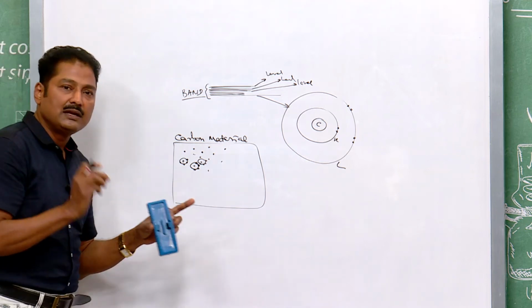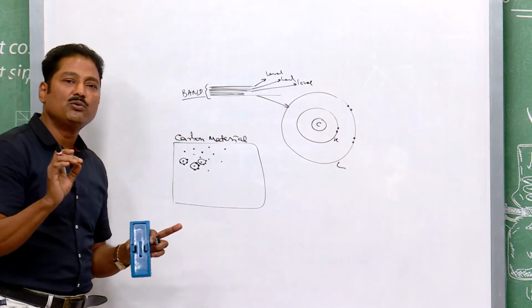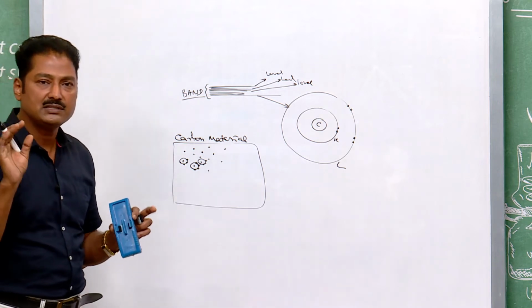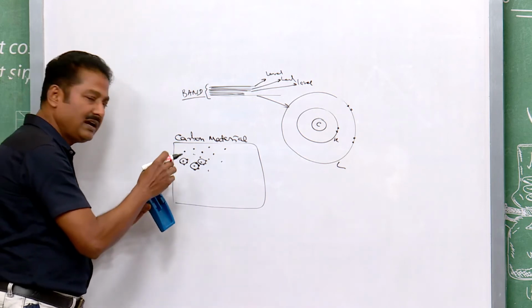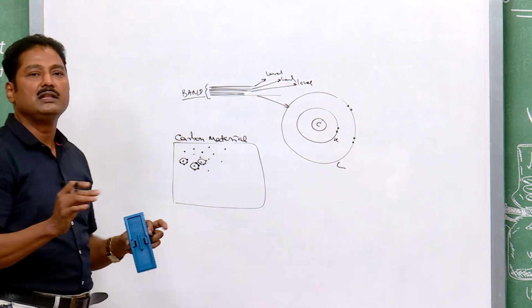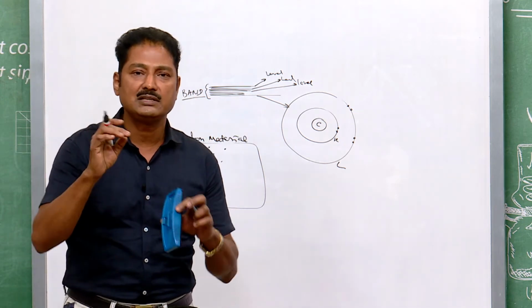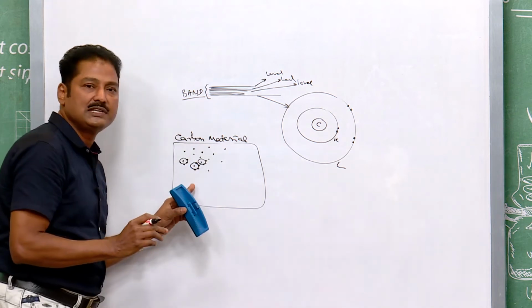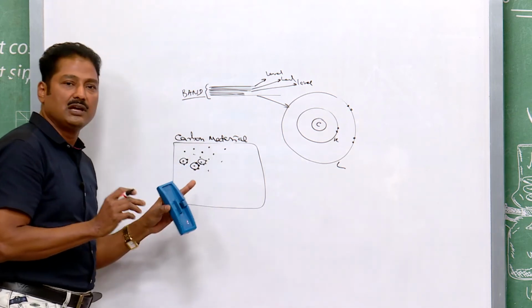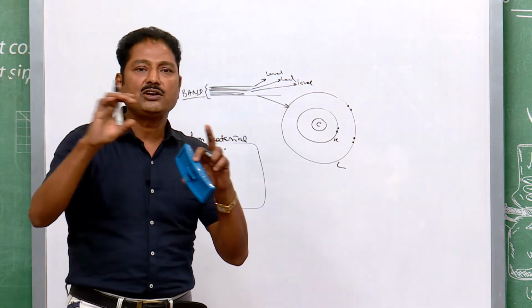Had it been a single isolated atom, the energy level would have been a line, but the case is not so. What is the case? Now, in a matter, the carbon atom is surrounded by many atoms. So, the electron has surrounding charges. So, this energy will change, and it will have a range of energy.